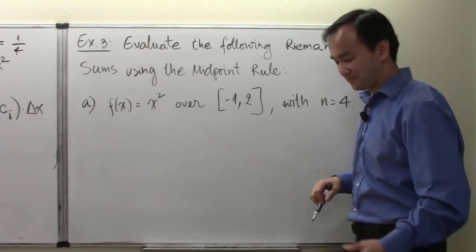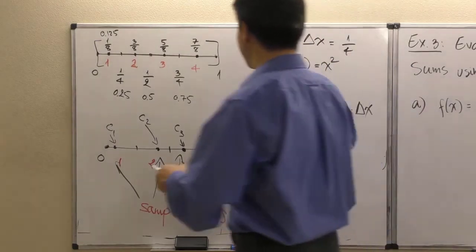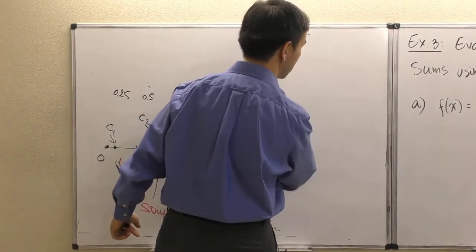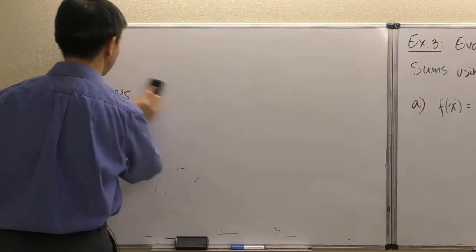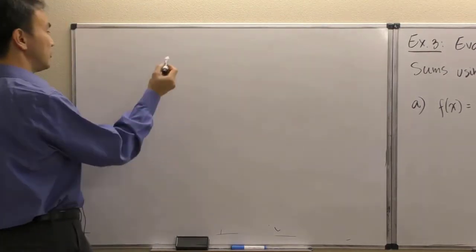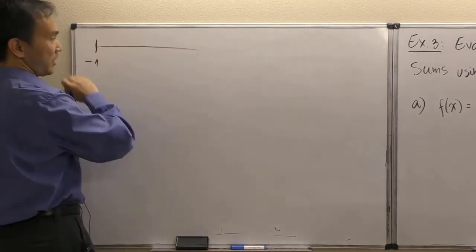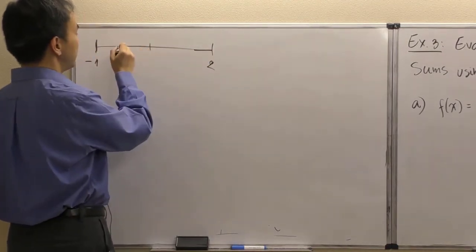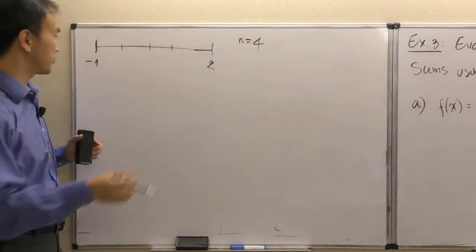Now I'm going to step over to the other board, and let's quickly make a sketch. With 4 subintervals, the beginning point of our interval is here at -1, and the ending of our interval is at 2. Because n equals 4, that's the number of subintervals.